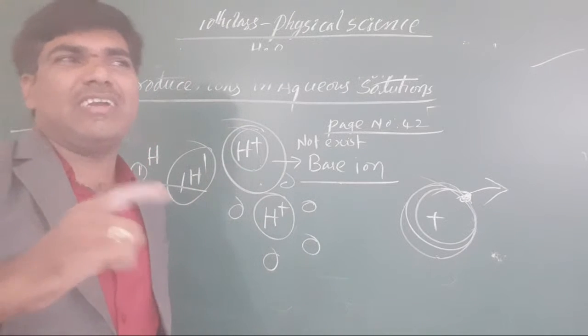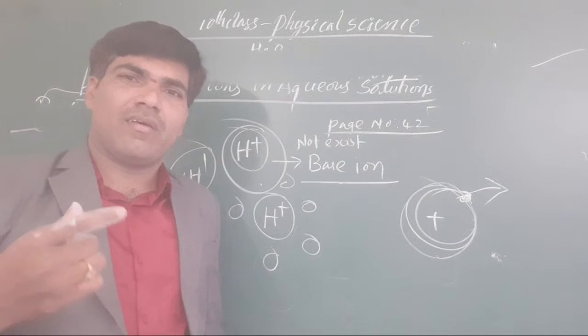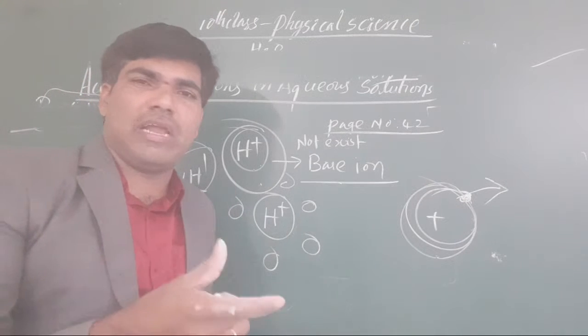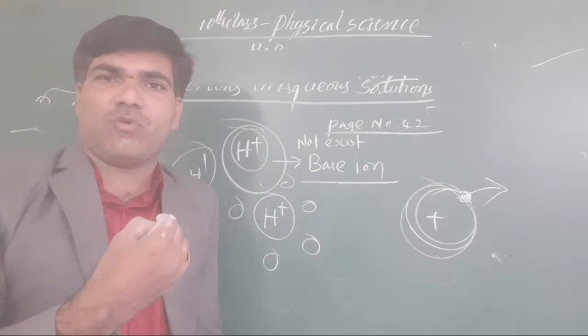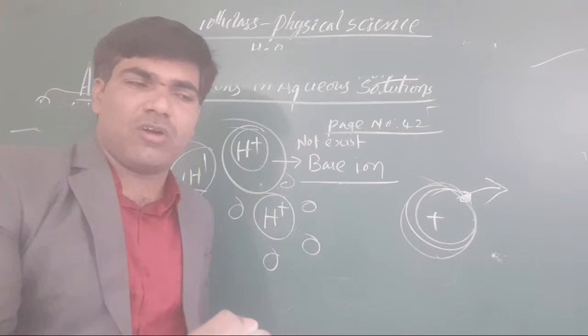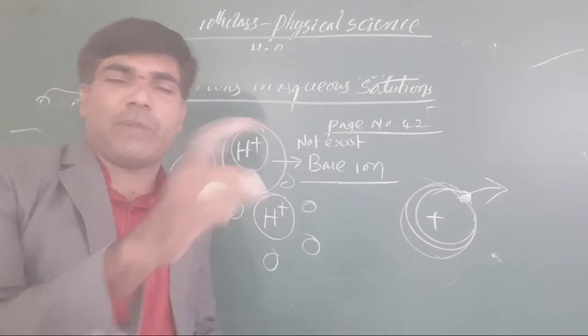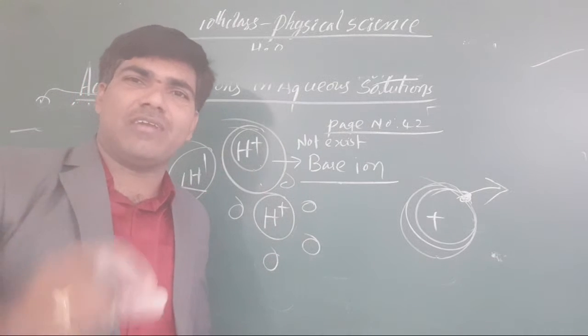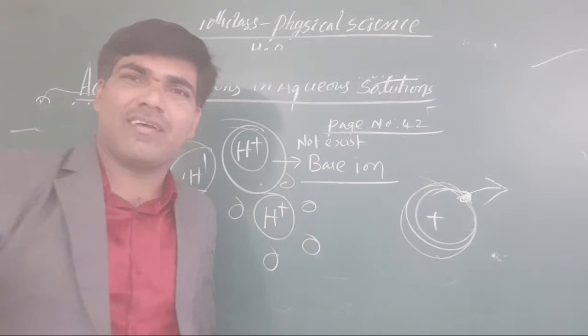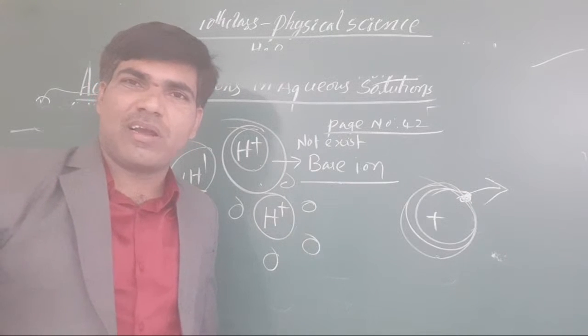Again it says, please, I am not ready to give the electron, you also give the electron to me, I will also give the electron to you, and we both combine together and share that pair of electrons. Like that it gives that information. Clear or not, all of you?